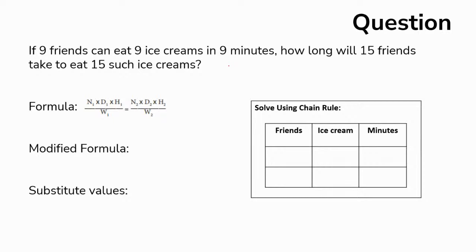So in the first case, nine friends and nine ice creams. In the second case, 15 friends are there and 15 ice creams.